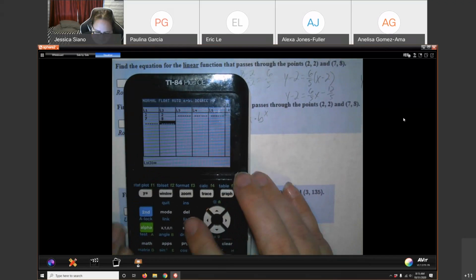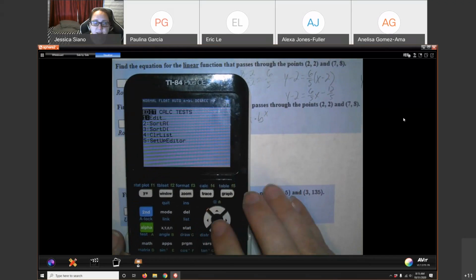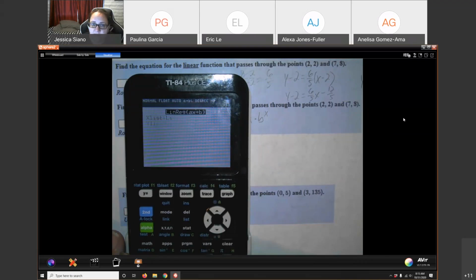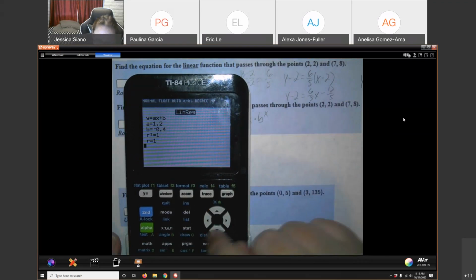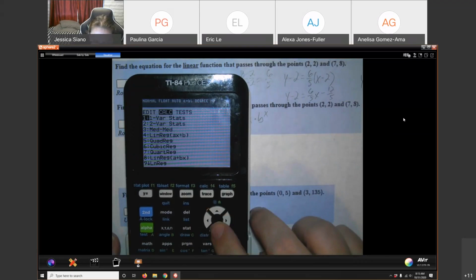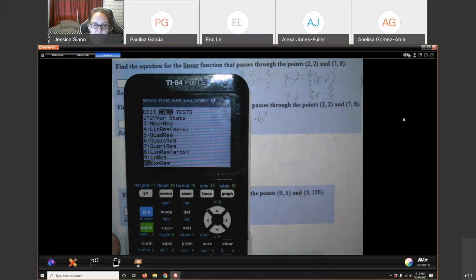Now, if we go stat and then calc, and do the linear regression through those 2 points, see how it came up with exactly what I did? 1.2x minus 0.4. So if we go to stat and calc, where is it? Exponential regression. There it is.